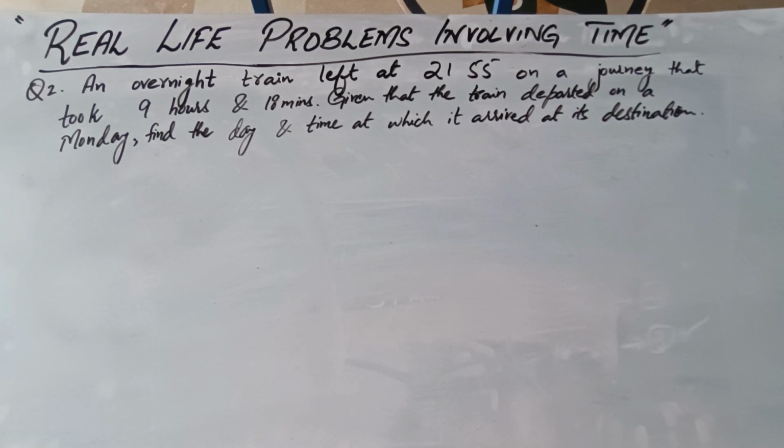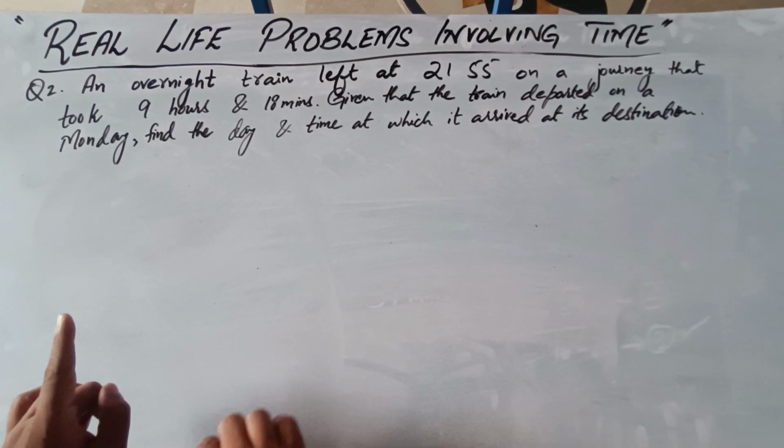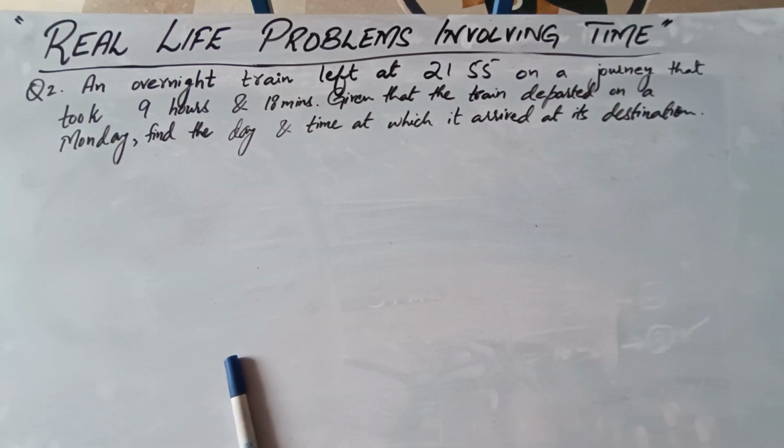Now let's look at another problem. In this problem, what is given and what is unknown? An overnight train left at 21:55. First of all, looking at 21:55, the clock is in 24-hour clock format. In the previous question the clock was in 12-hour clock format, so we kept it in the same format and found the journey time.